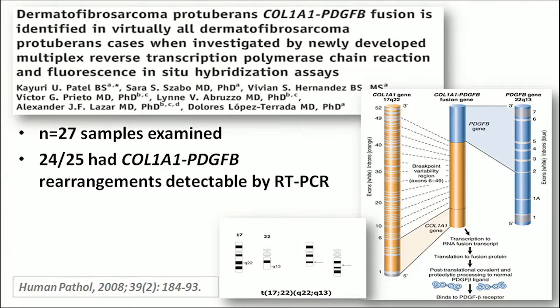Of course, you know that the detection of these is a translocation between COL1A1 and PDGF beta that essentially causes an overproduction of PDGF beta, and then the COL portion, or the collagen portion, is actually cut off, giving you wild type ligand.